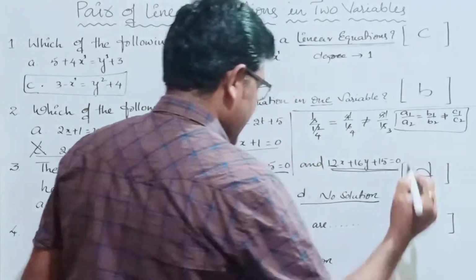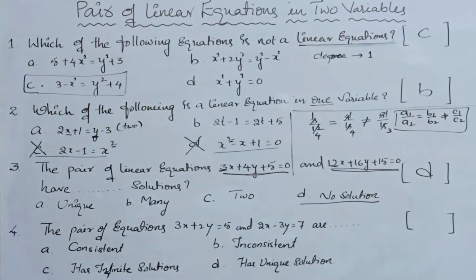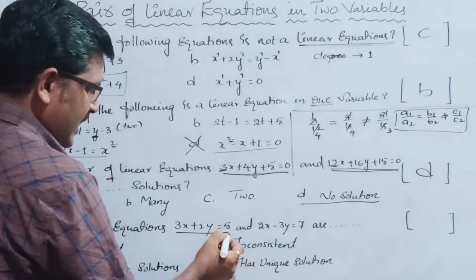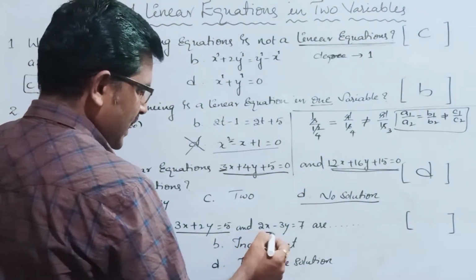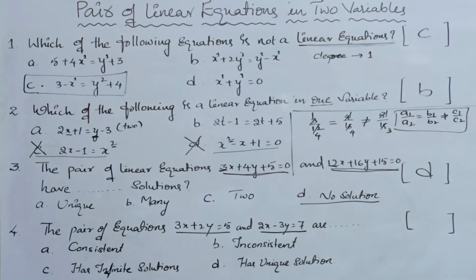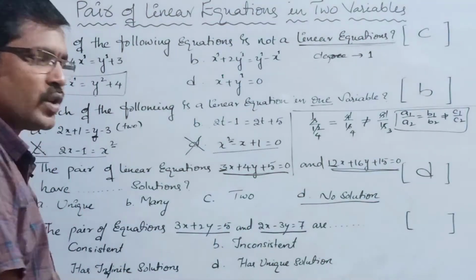Option D. The next, fourth question: the pair of equations 3x plus 2y is equal to 5 and 2x minus 3y is equal to 7 are dash. Option A consistent, option B inconsistent, option C infinite solutions, option D unique solution.